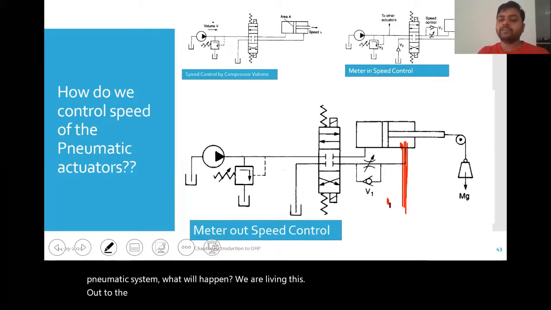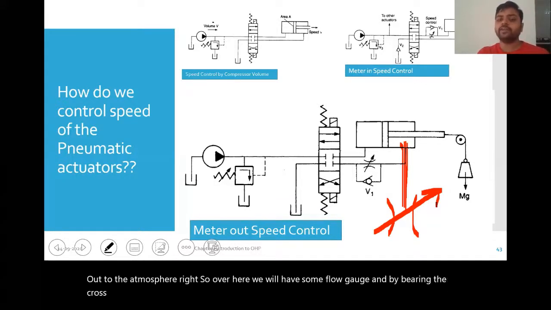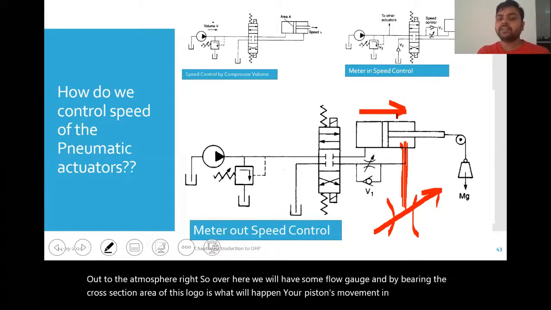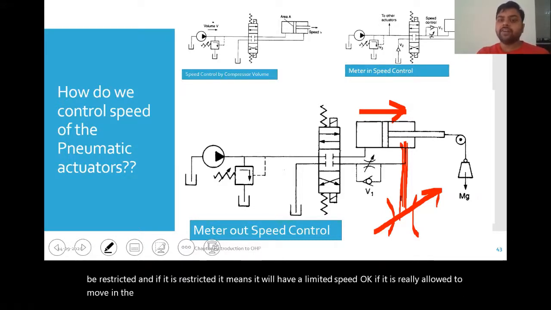So over here we will have some flow gauge, and by varying the cross-section area of this flow gauge, your piston's movement in this direction will be restricted, and if it is restricted, it means it will have a limited speed. If it is freely allowed to move in the atmosphere, it will have a very large acceleration that will be dangerous for all kinds of operations.